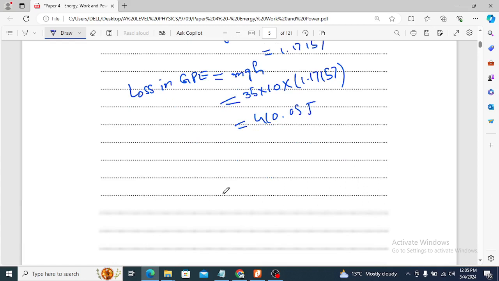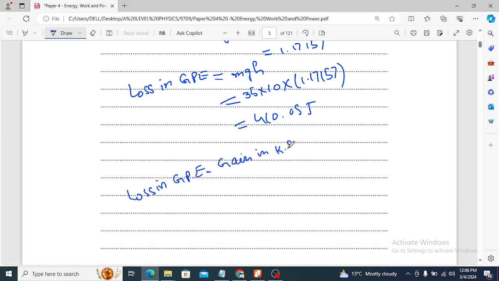We know the work done against resistance will be the loss in gravitational potential energy minus the gain in kinetic energy.